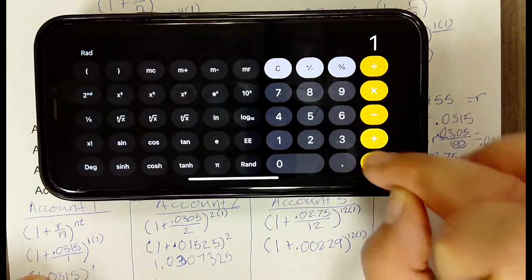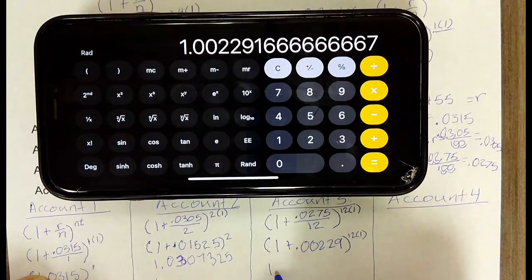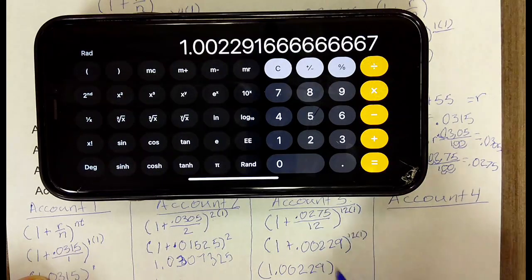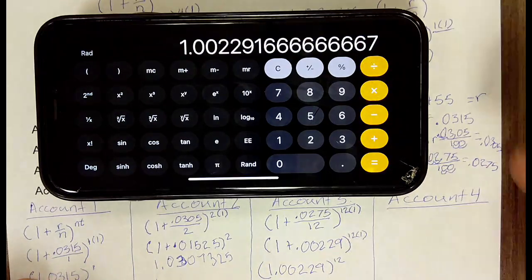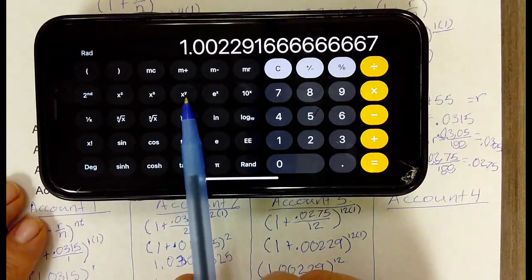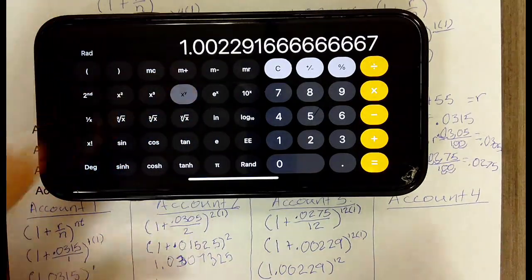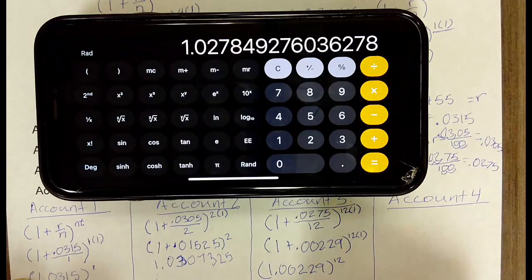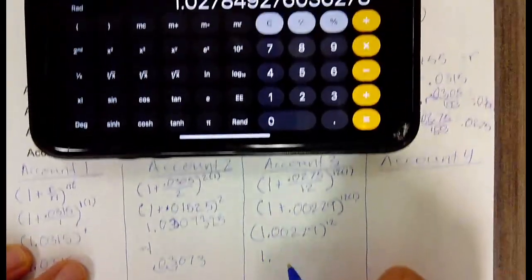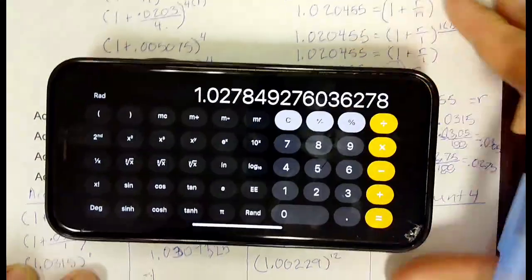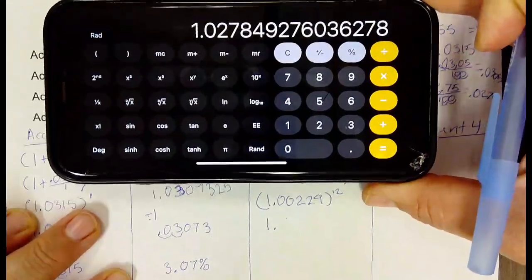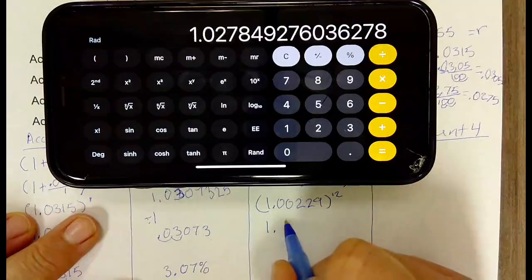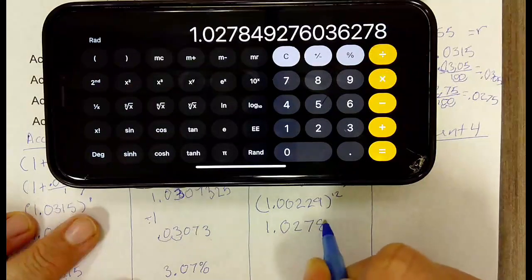So plus 1 equals 1.00229 to the power of 12 times 1 is 12. And I'm going to use the exponent button, to the power of 12 equals 1.0278.